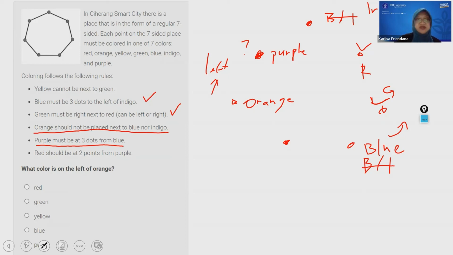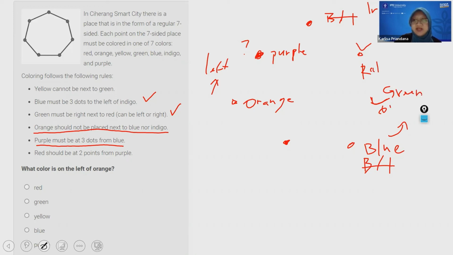If you want to know the rest, then red should be at 2 points from purple, which means that red is over here, on the left of indigo. This is red, and this is green.